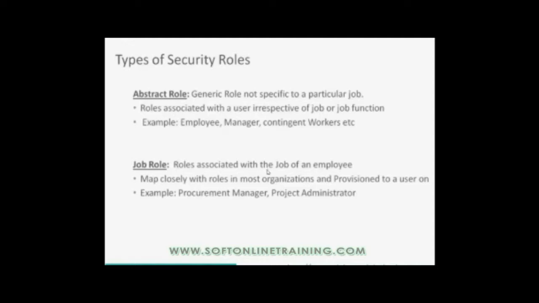The role is associated with the job of an employee, namely procurement manager. Procurement manager is a job, and the procurement manager is going to perform different functions that will be explained in the coming slides. So an abstract role is a generic role, whereas a job role is a specific role related to a specific job that the user is going to perform in the application. These two definitions are really important. Please note down abstract role and job role.